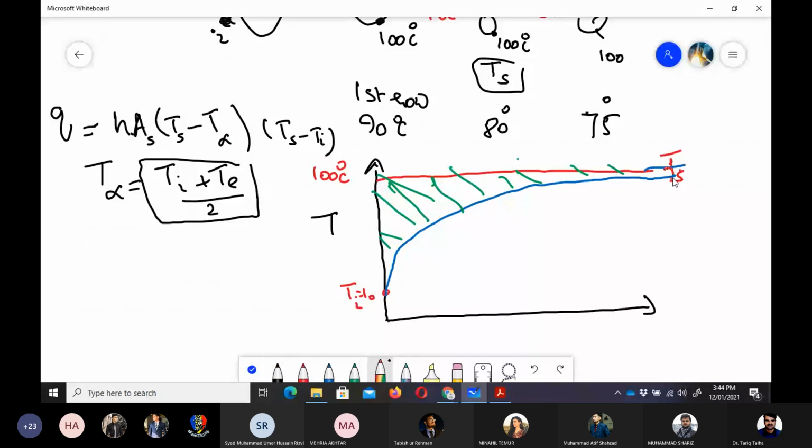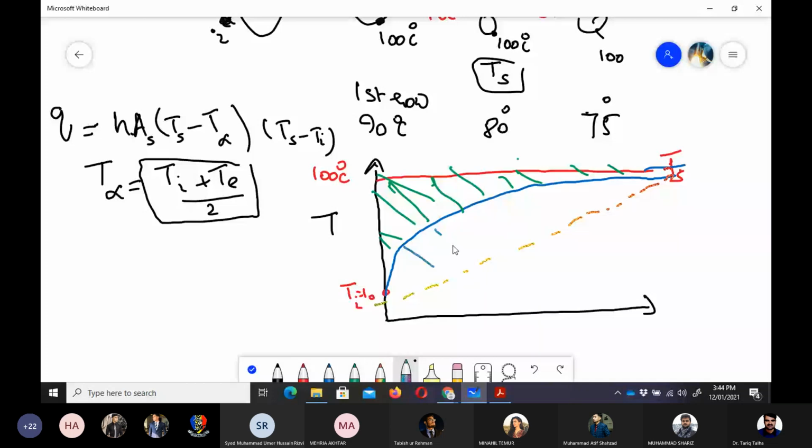If this was a linear increase, then I could have used this T infinity. Now if we use this T infinity formula here, then the area under the curve would be very high. Are you getting this? Anyone? Because then we are considering this additional area.